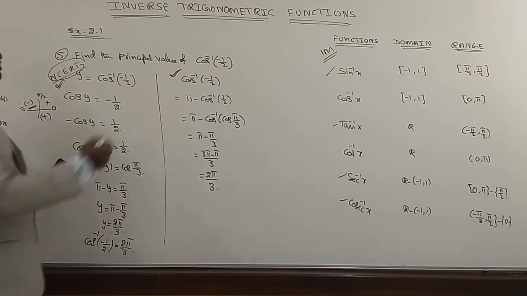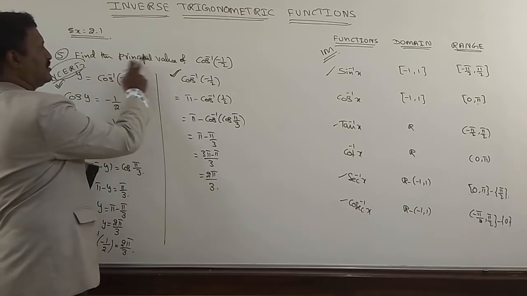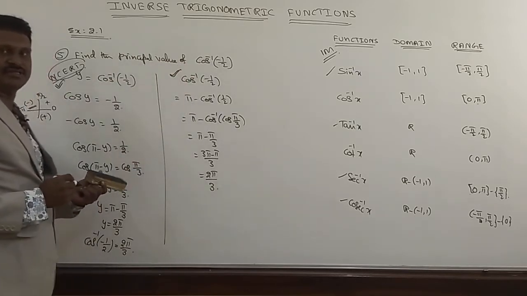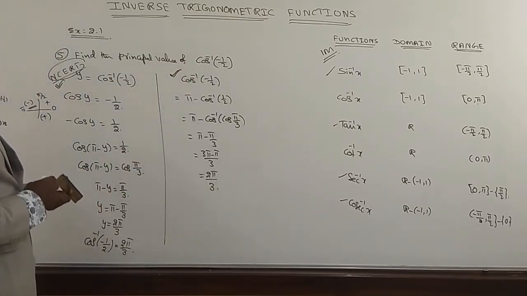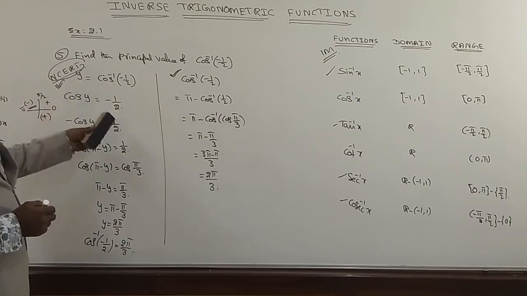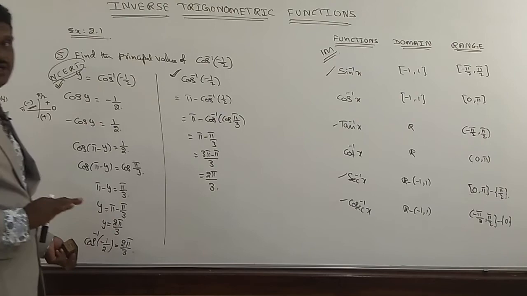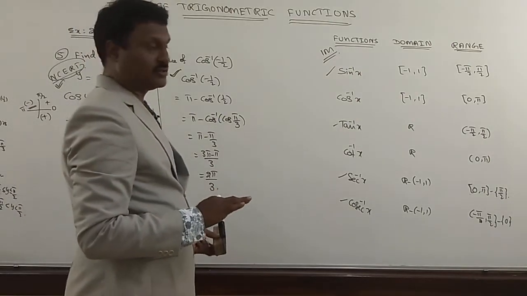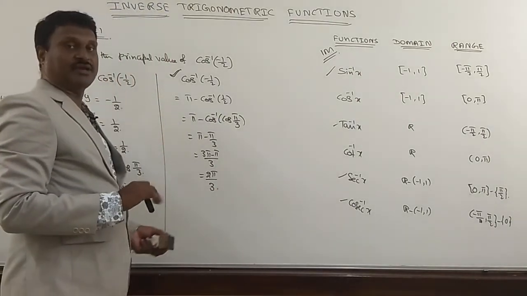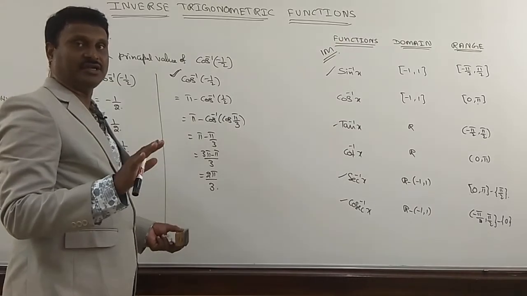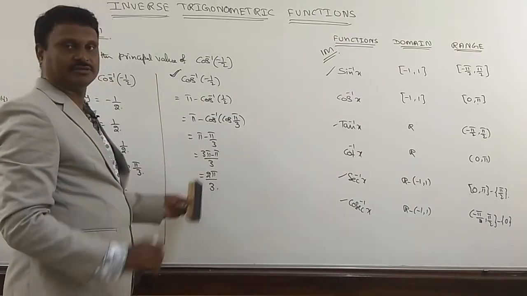Find the principal value of cos inverse minus half. There are two methods. One is the NCERT textbook, which you have to follow for the board examination. But this method you can apply for JEE, CET.